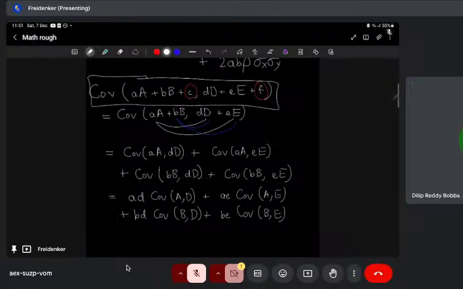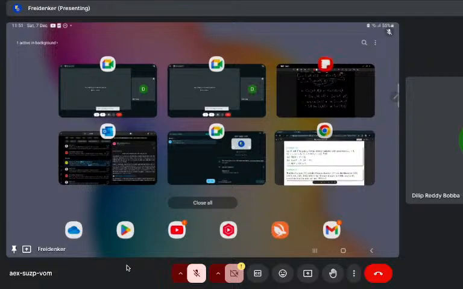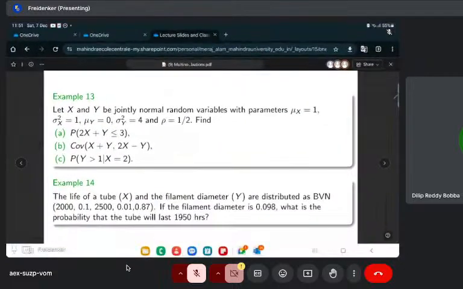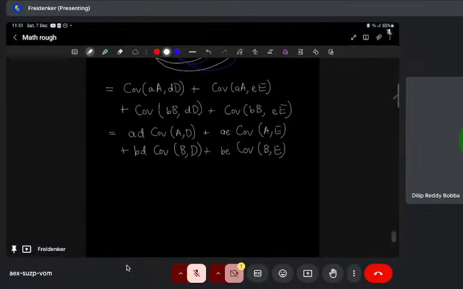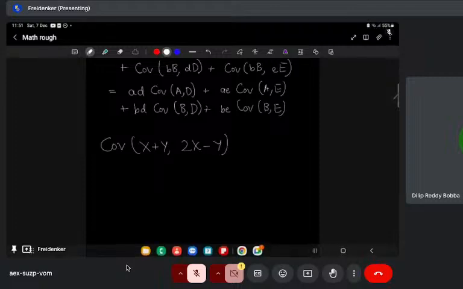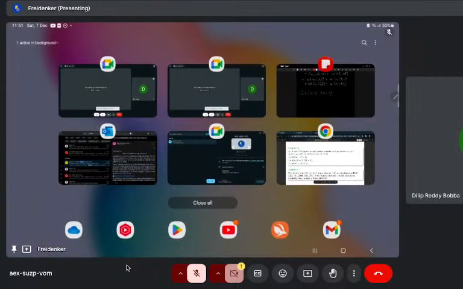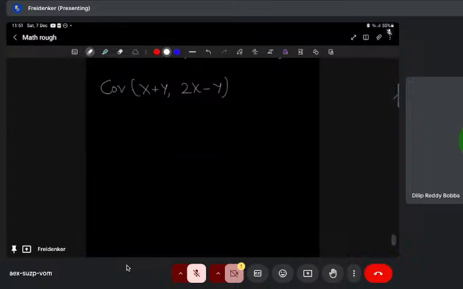So similarly, where do you use this? If you look at this question in part b, you have covariance of x plus y comma 2x minus y. So let us simplify this so that you will be able to solve it. Did I read it right? Okay, yes. So same procedure. There is no extra constant, so that is fine.